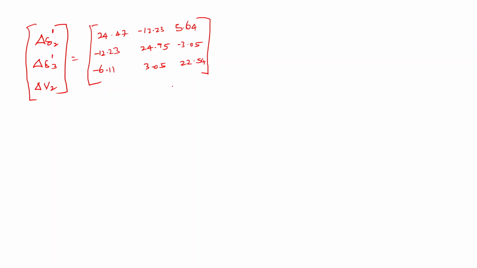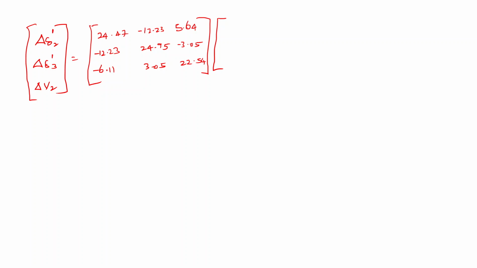We need to now, as Raksha said, multiply this with the power value. What is the power value? Already we found out some power equations. From there we need to get these values. So how to get that?